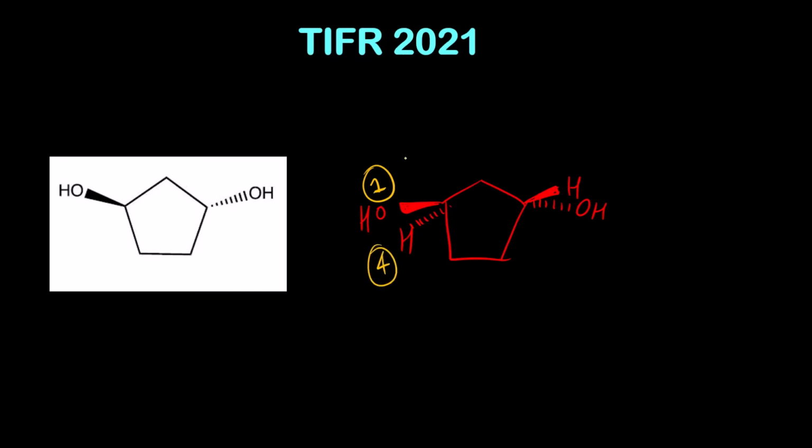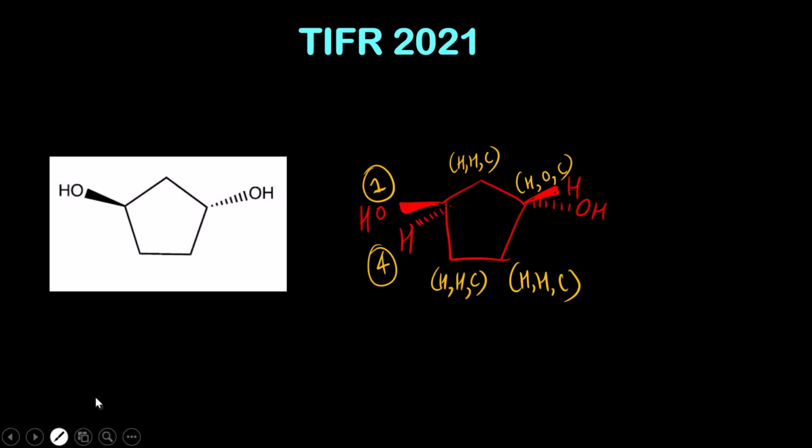This will get the fourth priority, and since here there is hydrogen, hydrogen and carbon, this carbon is also attached to hydrogen and carbon. If you see the next one, here again it is hydrogen, hydrogen, carbon, but here it is hydrogen, oxygen and carbon.